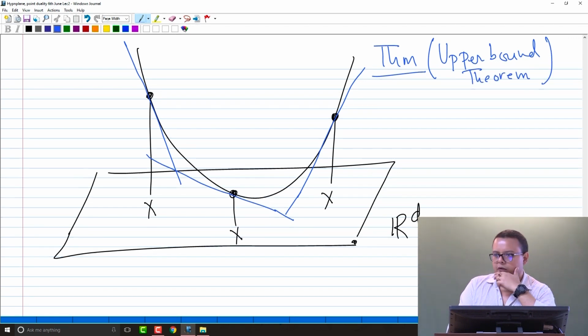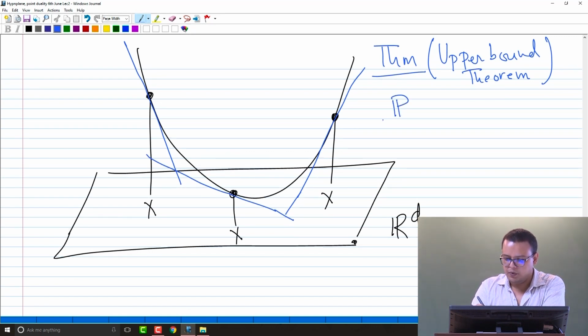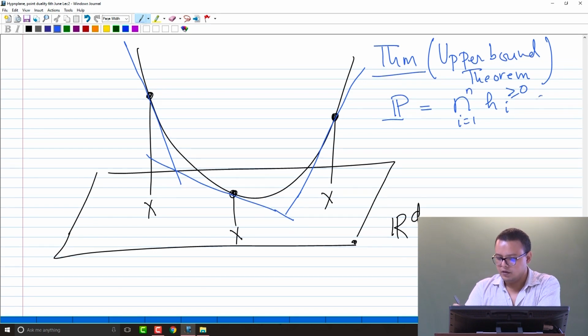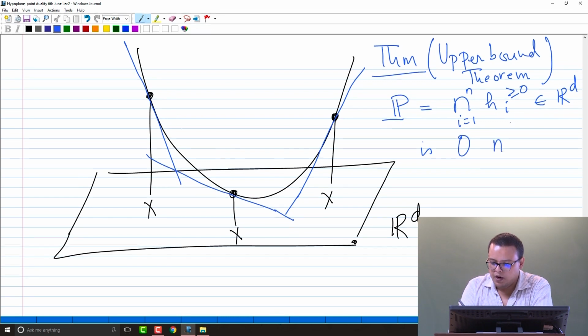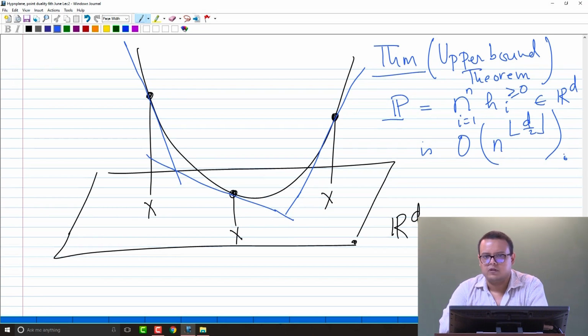It says that if you have a polyhedron P, which is the intersection of n half-spaces in R^d, then the combinatorial complexity of P is bounded by order n to the power floor of d by 2.